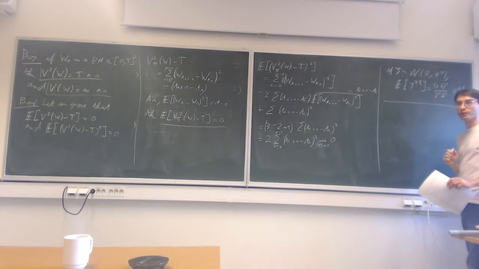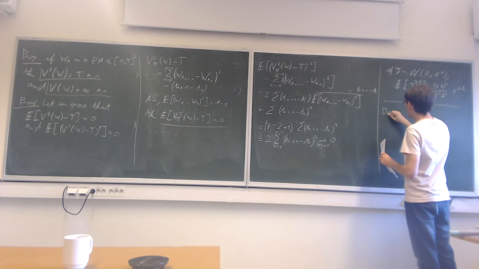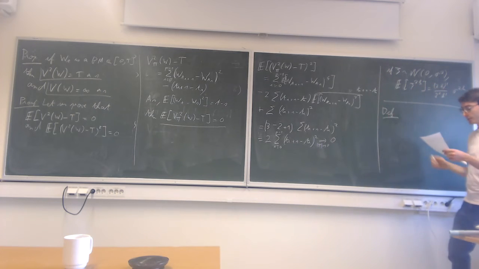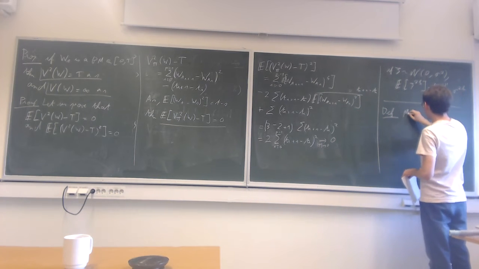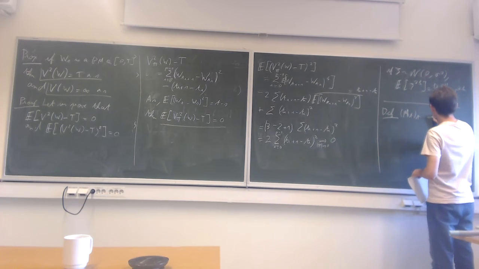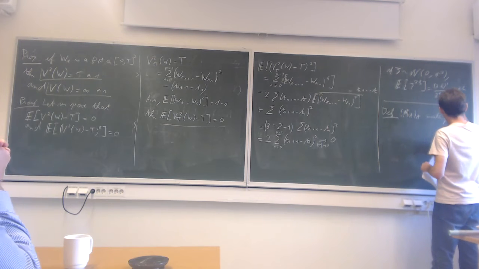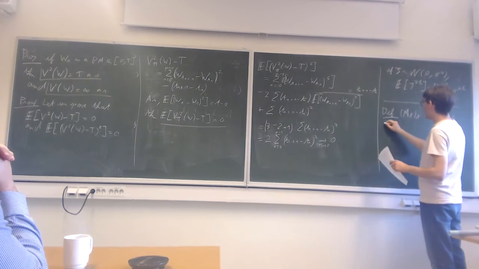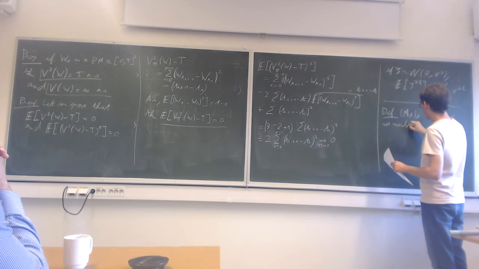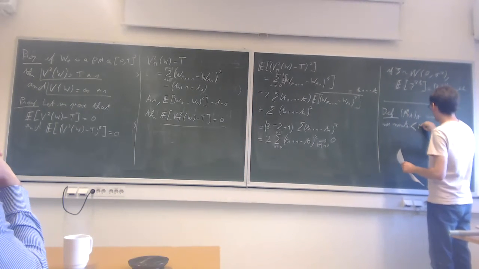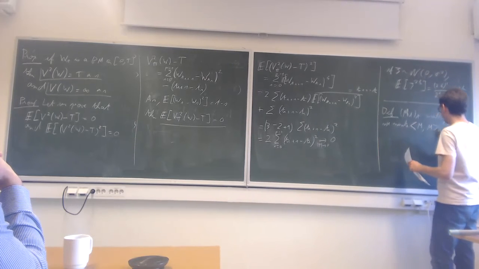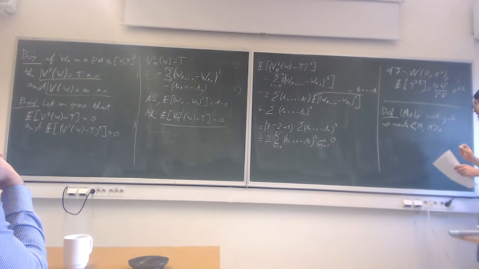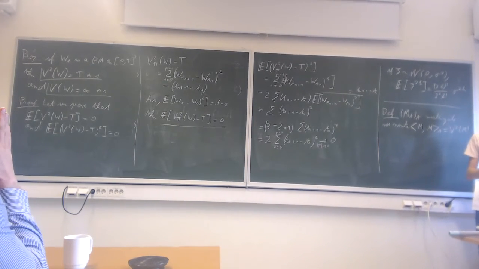Now we start talking about martingales, and I really like martingales. So let's adapt all of this to martingales very quickly. We take a martingale M, and we write the martingale bracket of M. What is the definition?